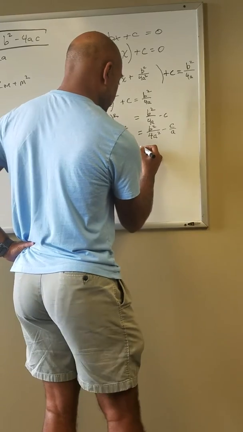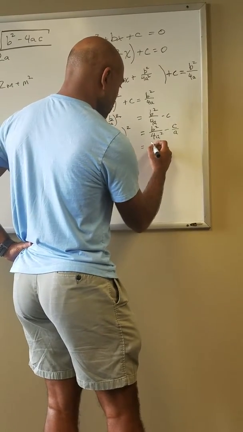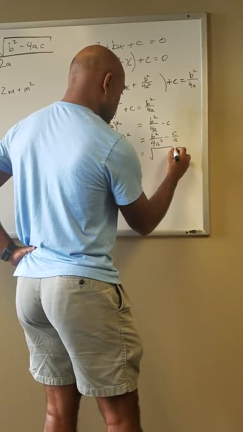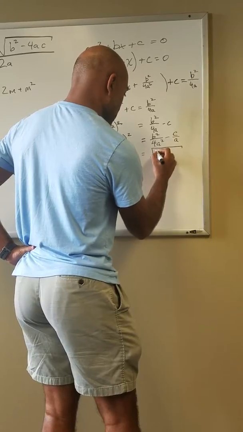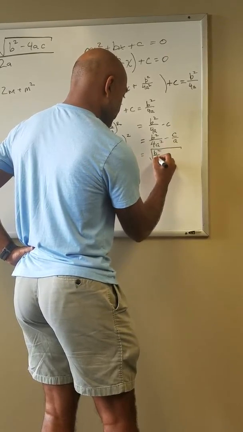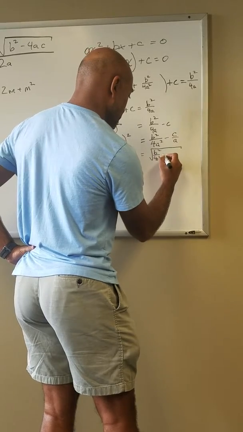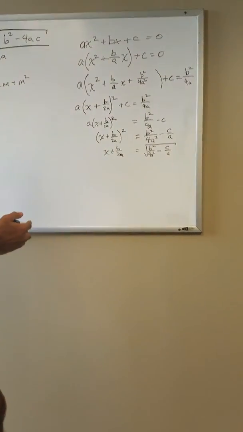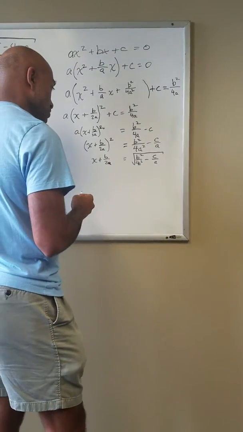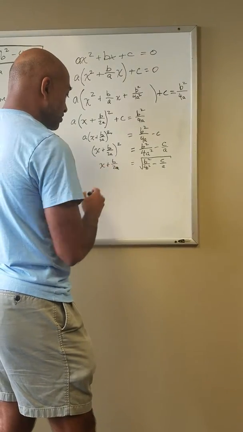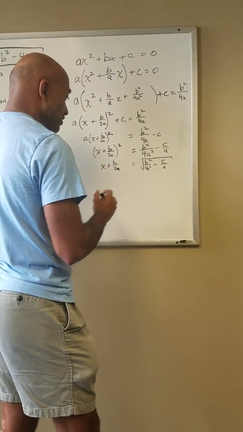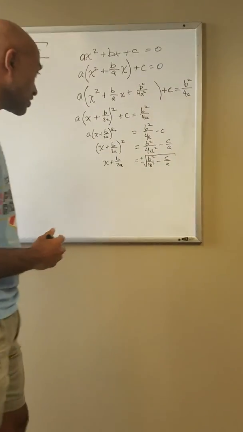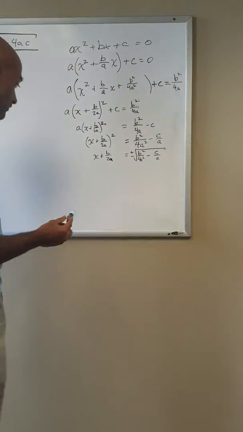And we're going to have that equal to the square root of b squared over 4a squared minus c over a, okay? And this square root, as you probably recognize, is a plus or minus. There's a positive root and a negative root, okay?